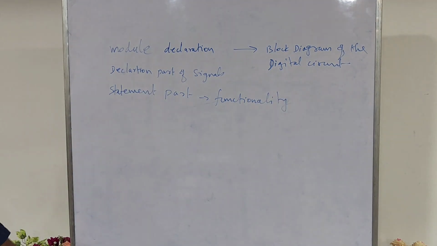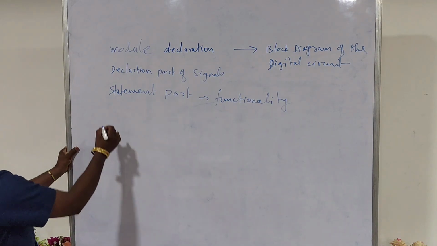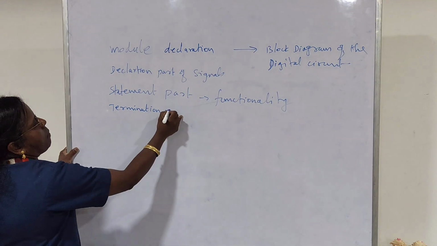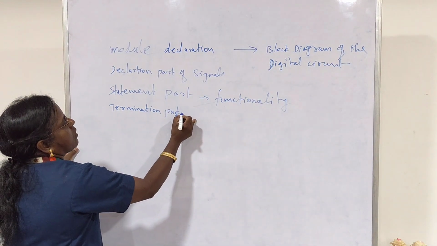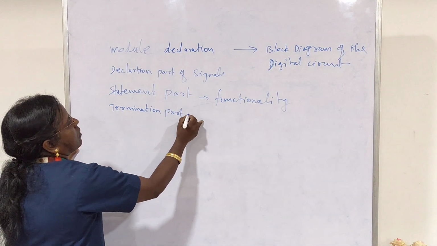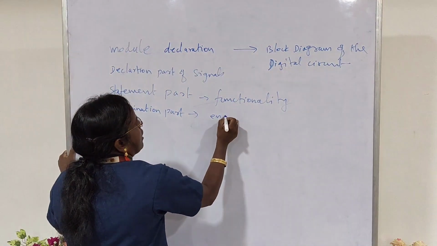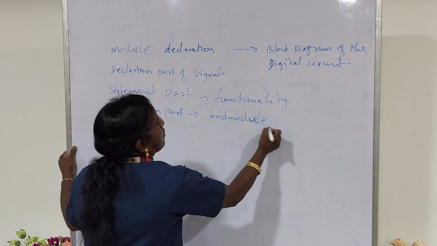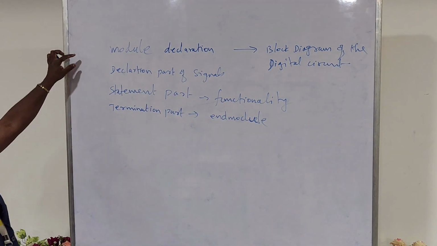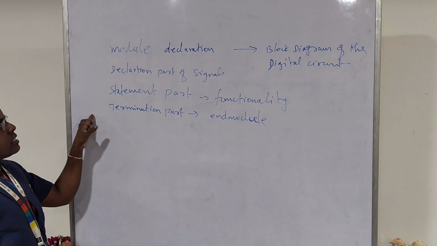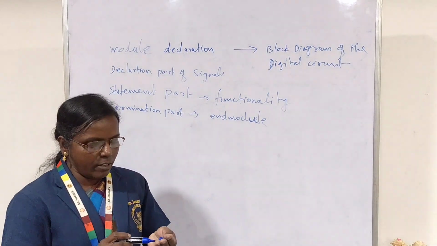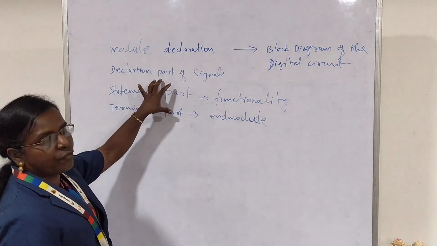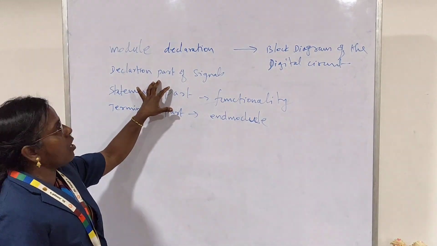And finally, the termination part, which is implemented using the keyword endmodule. The entire program starts with the keyword module and is terminated by the keyword endmodule in Verilog HDL. This is how we can categorize the parts of a Verilog HDL module.